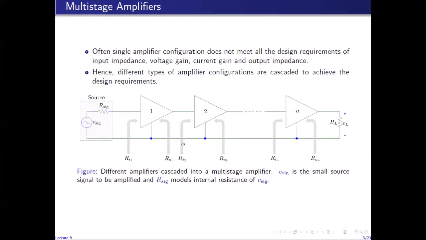Ri2 is the input resistance of the second stage. Ro2 is the output resistance of the second stage, and so on and so forth. Rin is the input resistance of the nth stage, and Ron is the output resistance of the nth stage, which is also the output resistance of the overall multi-stage amplifier. RL is the load resistance, and VL is the voltage across the load resistance.